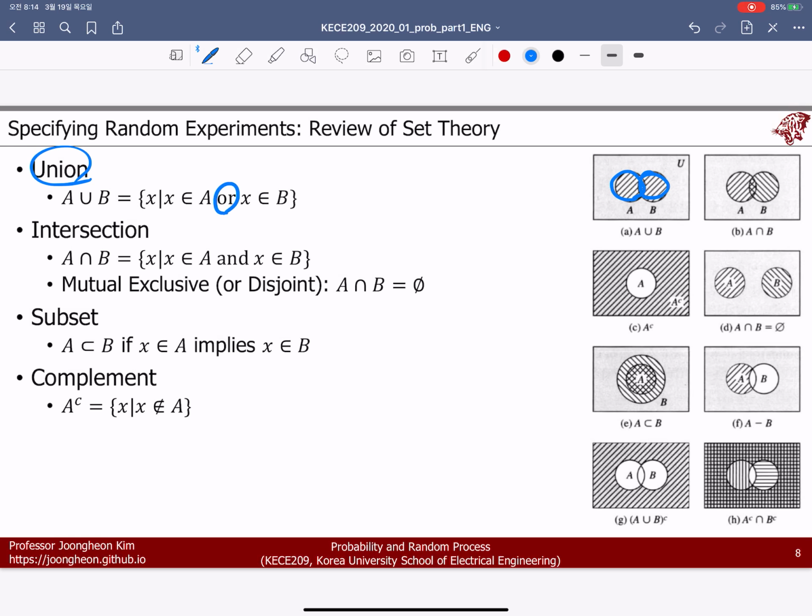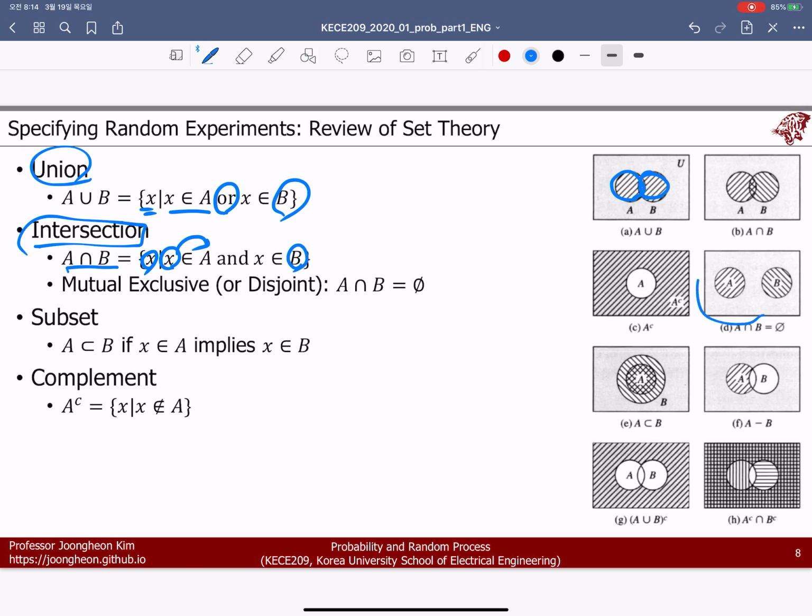That's why this is the or notation. You gather all the elements where the element can be an element of A or an element of capital B. Intersection means that x should be an element of A as well as an element of B. Then you select that x entirely, and that's called the intersection.